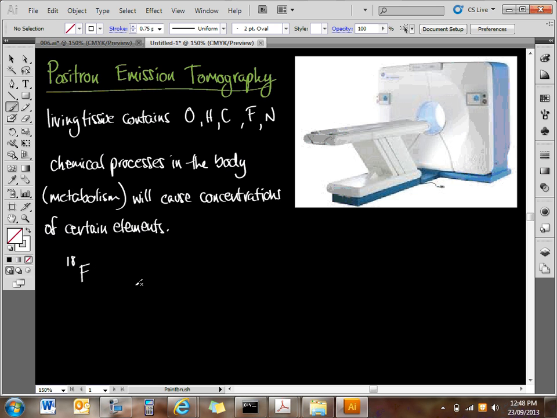Fluorine 18. This is an isotope, a radioactive isotope of fluorine, of course.